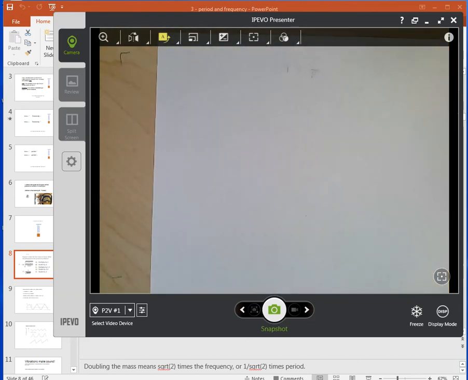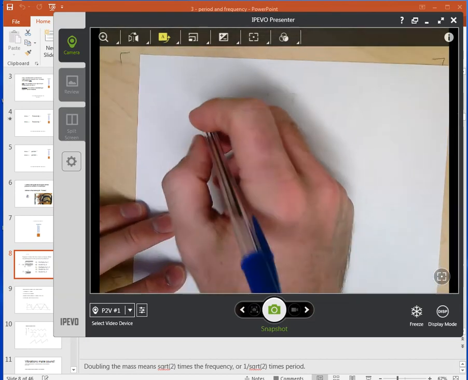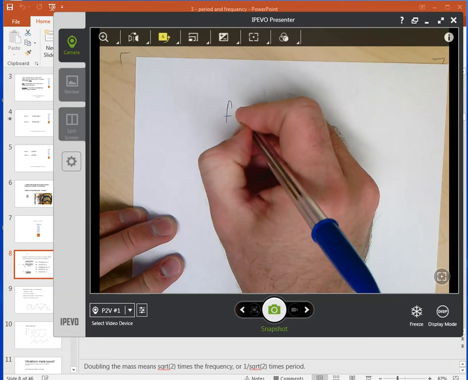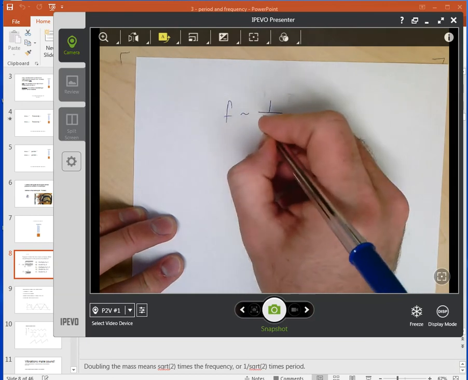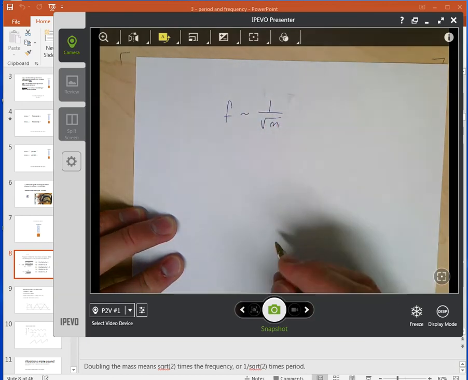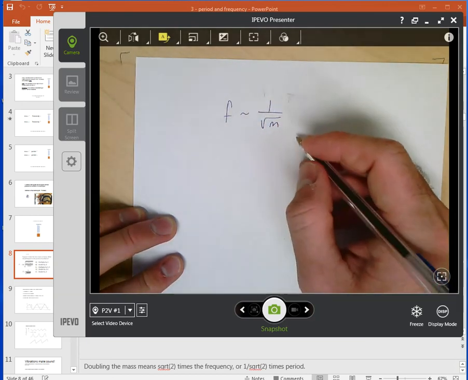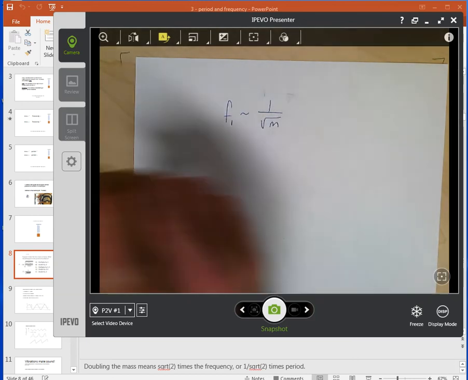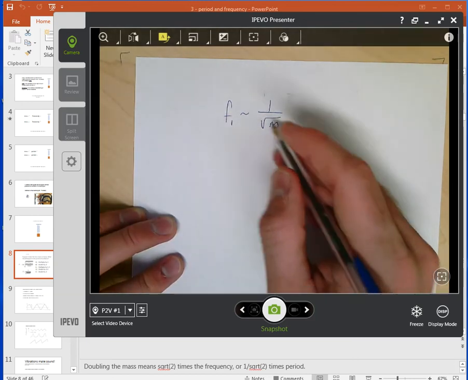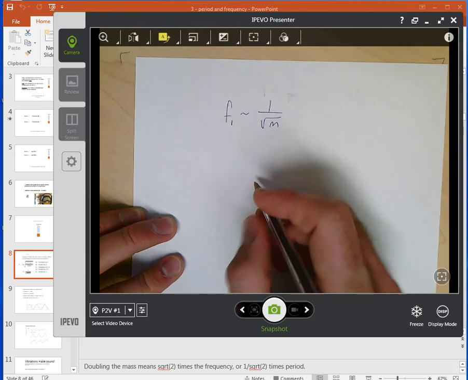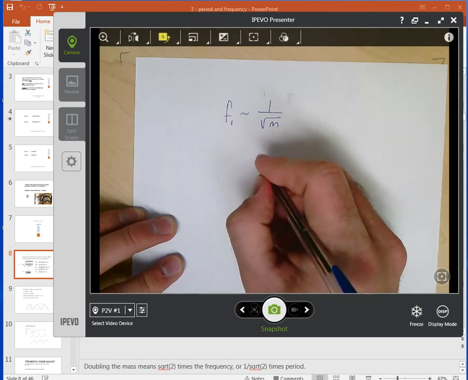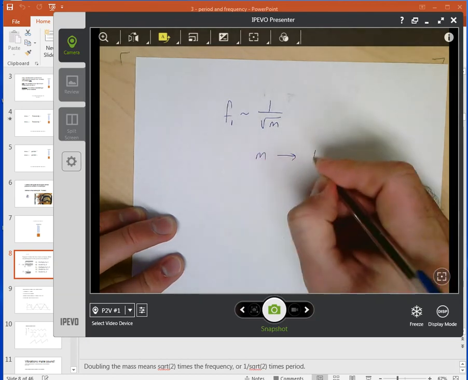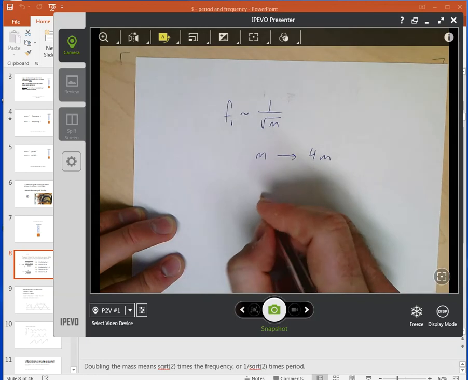The way that you can think about these things is that if frequency goes like 1 over the square root of the mass, and I'll just write it as m right now, then imagine that you have some frequency F1, and we're not even going to worry about the stiffness right now or the 1 over 2 pi. Just imagine you have this formula here. And imagine that I took the mass and turned it into 4 times the amount of mass.